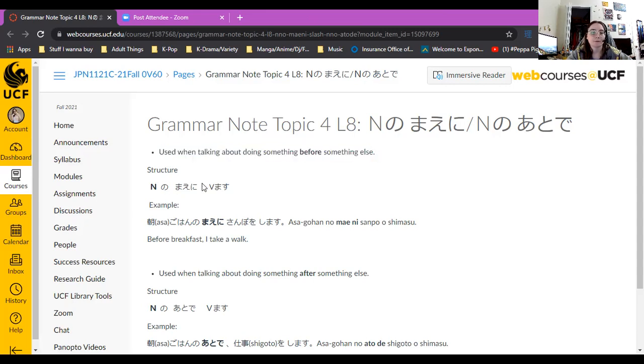So noun no mae ni, verb masu. So asagohan, breakfast, no mae ni. So before breakfast, you sanpo o shimasu. So sanpo is walk. Shimasu means to do. So before breakfast, you take a walk.